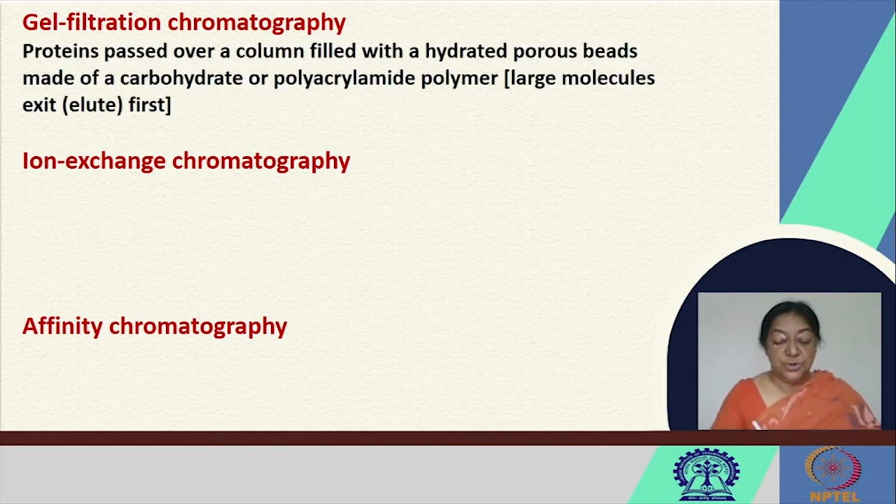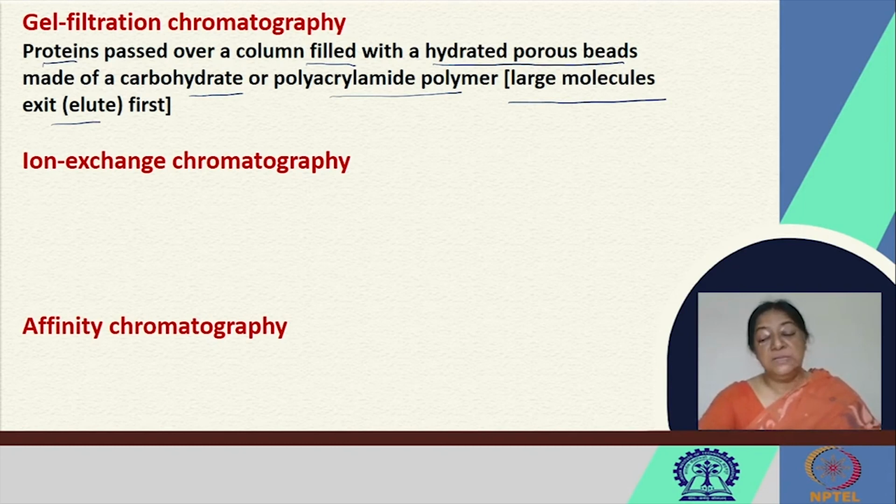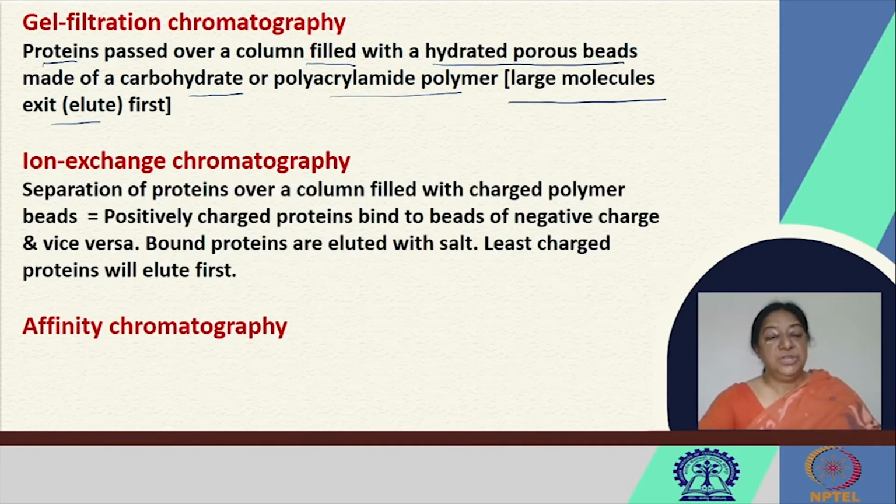In gel filtration chromatography, the proteins are passed over a column filled with hydrated porous beads made up of a carbohydrate or polyacrylamide polymer, and the larger molecules exit, or, as is called in chromatography parlance, elute, first. In ion exchange chromatography, we are looking at the separation of proteins over a column filled with charged polymer beads.